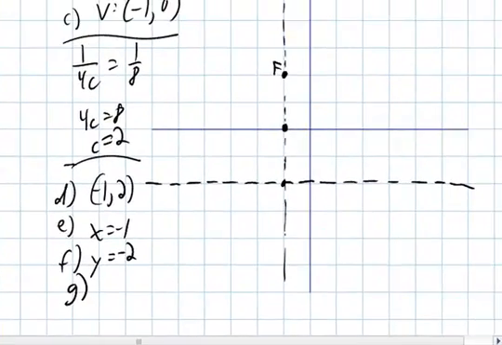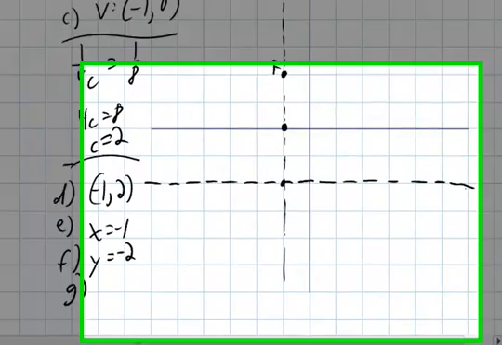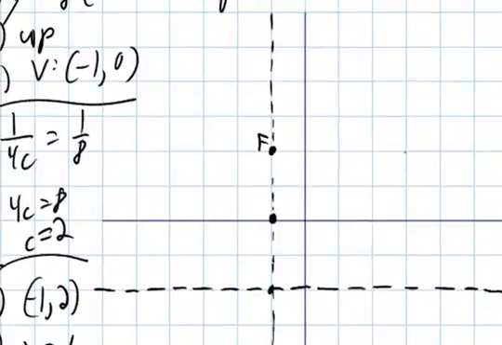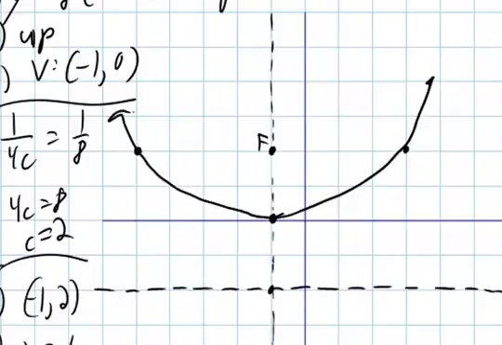And our many points, we can plot x-intercepts and y-intercepts. In the interest of time, I'm going to skip those here, and we'll just put the box points of right here and right here. But you get the idea that this is a parabola that you could graph. It crosses the x-axis.